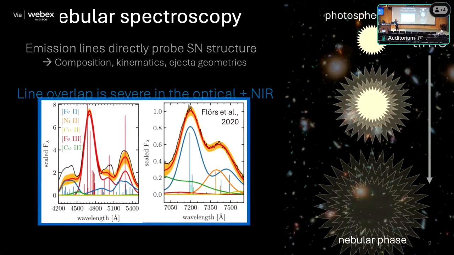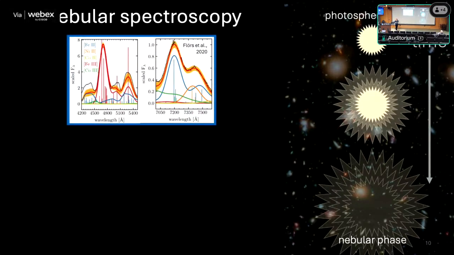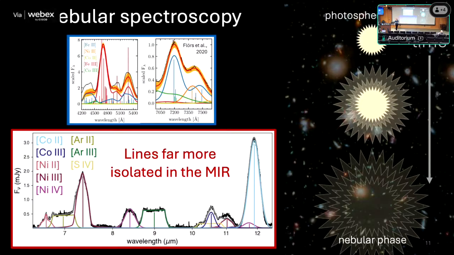Awesomely, JWST is giving us a solution to this. Physically, the lines are much more spread out in the mid-infrared. You get line complexes that are now only a blend of 3 things, or some that are completely isolated. Additionally, we get a whole lot of other ionization states from things like cobalt and nickel, whereas the optical is mostly only iron.